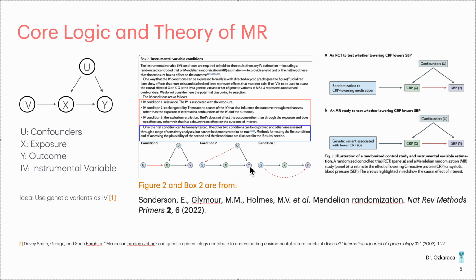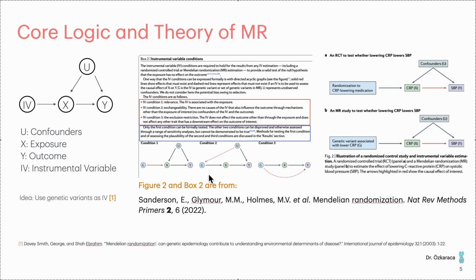The IV must influence Y only through X, meaning that it should not affect Y via any other pathway or trait that influences Y. It's important to note that while condition 1 can be formally tested using statistical methods, condition 2 and condition 3 can only be disproven and not proven. So this is a key limitation of MR studies.